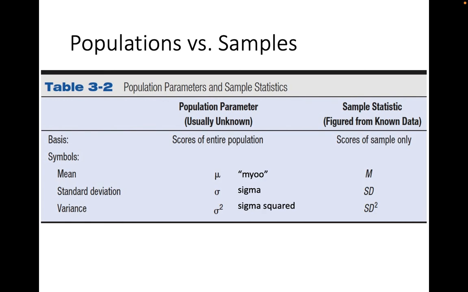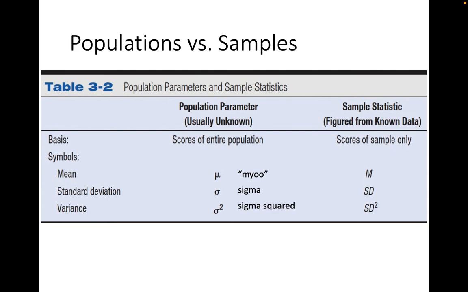All right. The symbol for population standard deviation is the lowercase Greek letter sigma, and the symbol for the population variance is sigma squared. In the rightmost column, sample statistics are symbolized using Roman letters: the italicized M for mean, and SD and SD squared for standard deviation and variance.